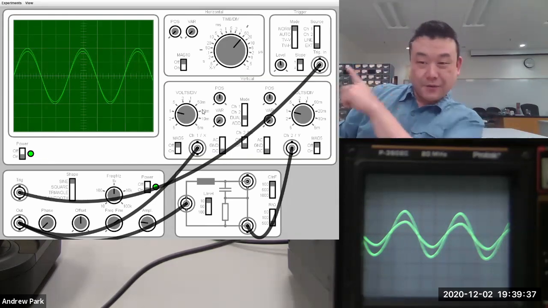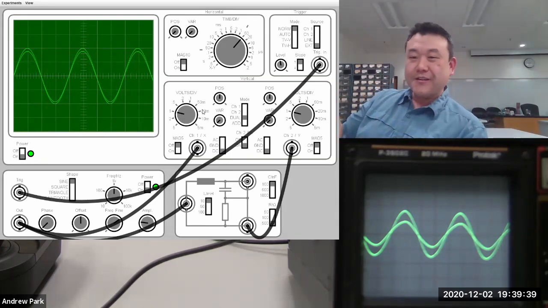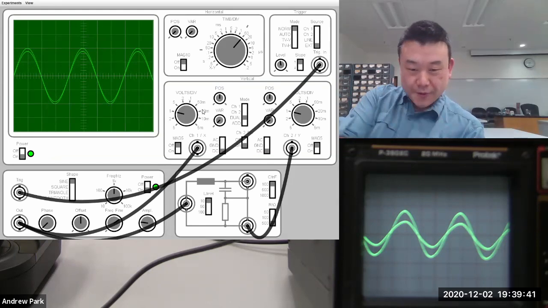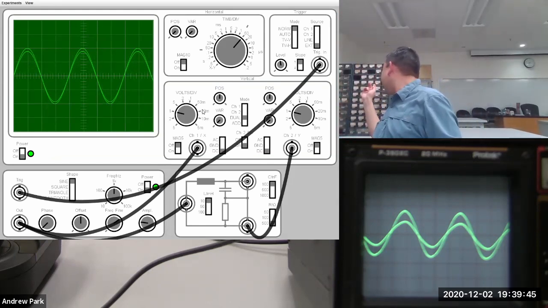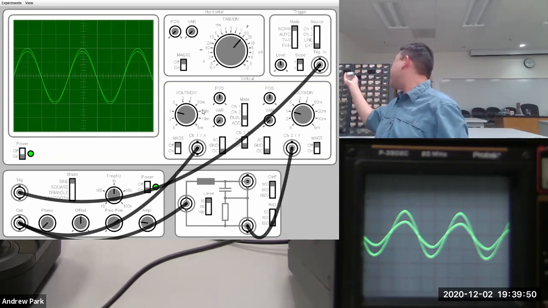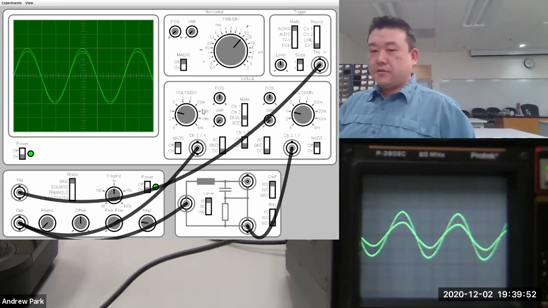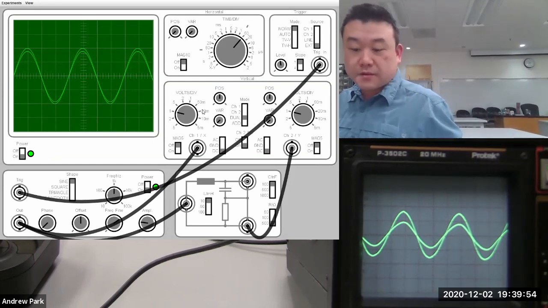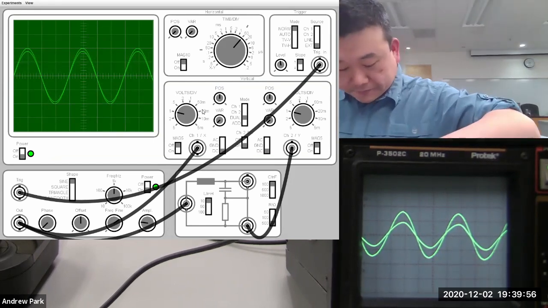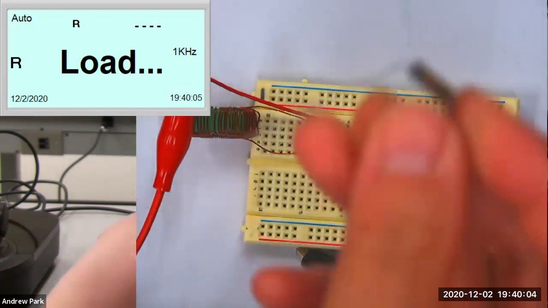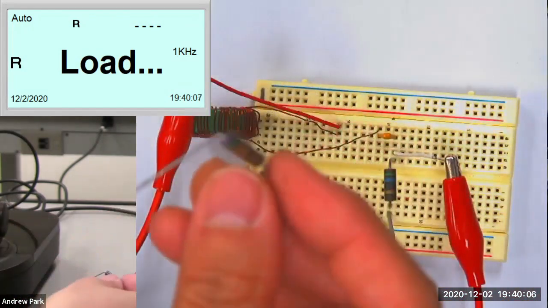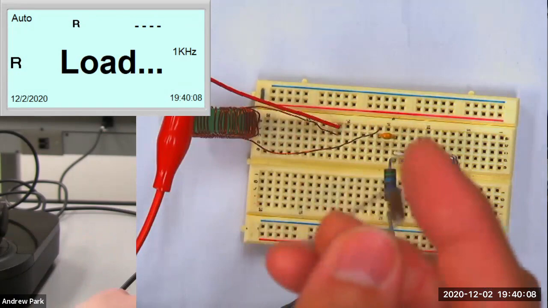So let me just confirm that with the real circuit here by replacing my 50 ohm resistor with a 500 ohm resistor, which I don't really have, but I do have a 750 ohm resistor. So let me do it with that, and that should give me something that's pretty close. It's coming out of a box that's labeled 750.